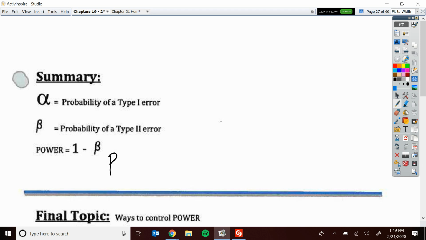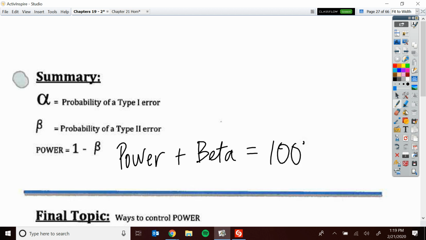And so today was something new that I came up with, which was just that. Oops, that's wrong. Power plus beta is 100% of the data. Power plus beta is 100% of the data.